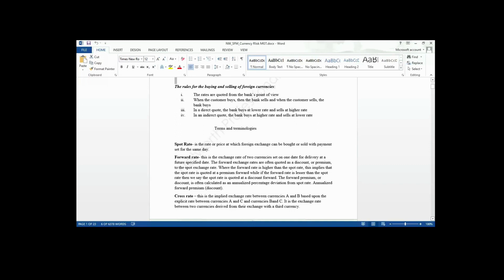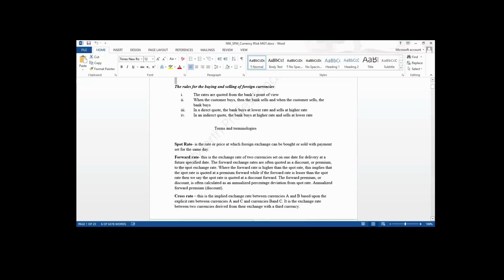Cross rates. Cross rate is the implied exchange rate between two currencies based upon the explicit rate with a third currency.